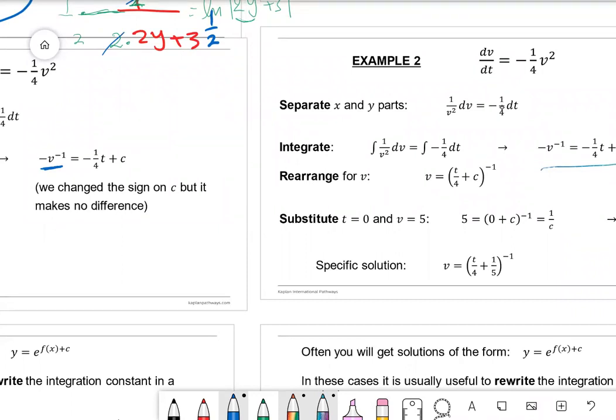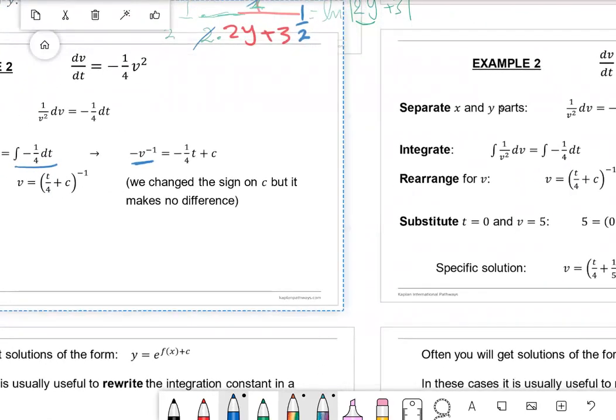This becomes v, instead of v to the power minus 1. I'll try to show you here.